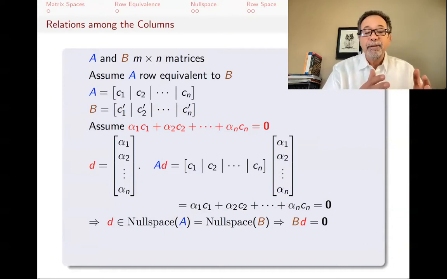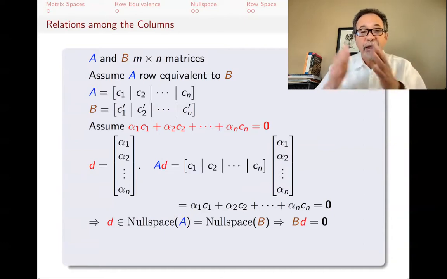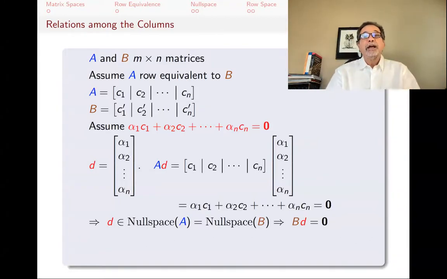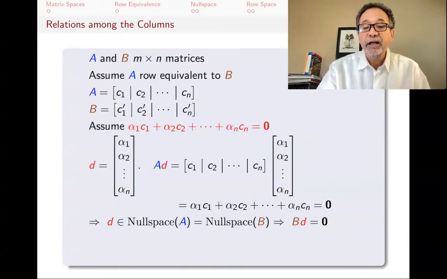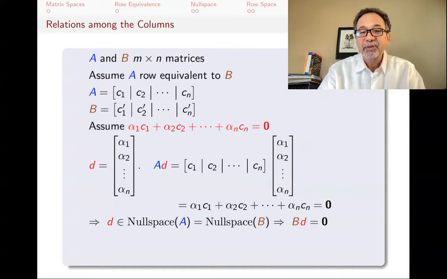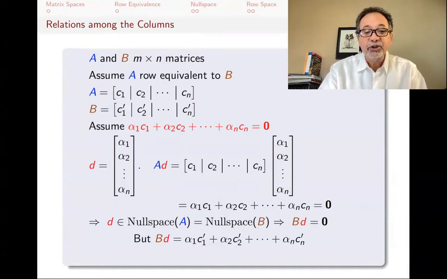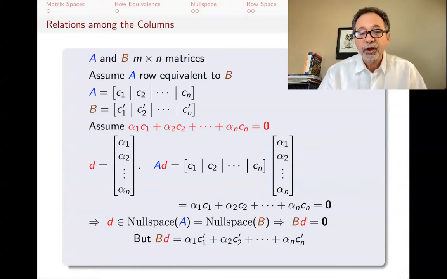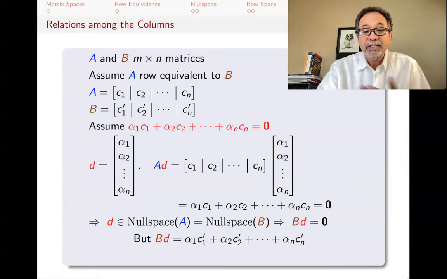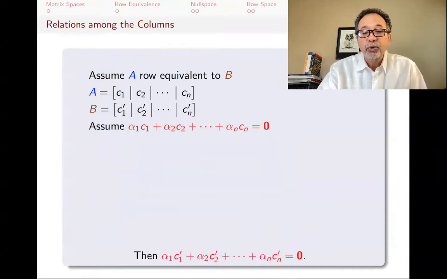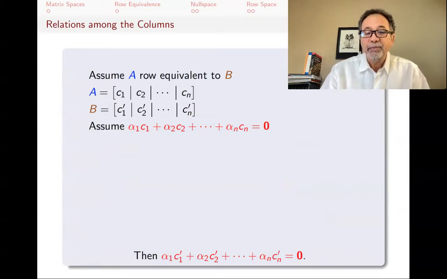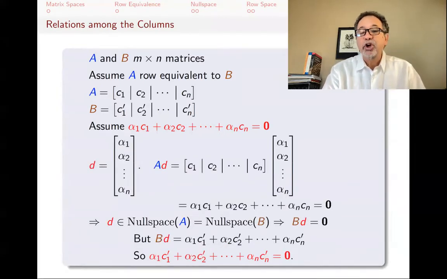Again, we are multiplying a matrix by a column vector, so we get a linear combination of the columns, but this time of B, with the scalars coming from the column vector. And so BD is alpha 1 C1 prime plus alpha 2 C2 prime plus ... plus alpha n Cn prime. But we said BD is 0. So alpha 1 C1 prime plus alpha 2 C2 prime plus ... plus alpha n Cn prime is also 0.